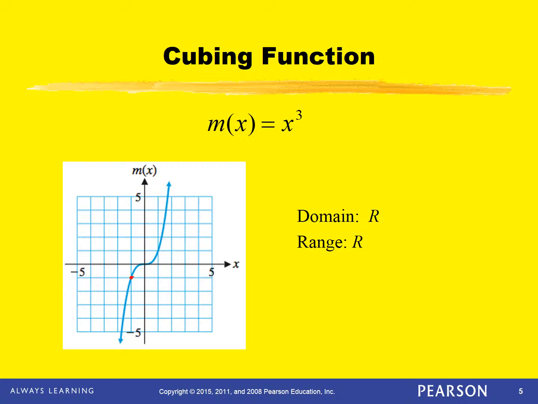And way down here we're going to have a point (-2, -8), because -8 is the cube of -2. The domain is the set of all reals, the range is the set of all reals. And that's true anytime you have a cubic or third degree function.